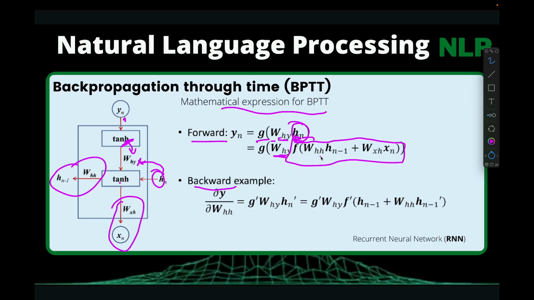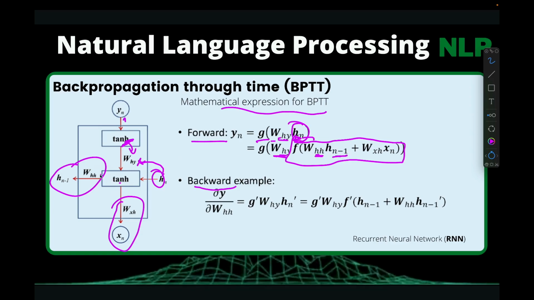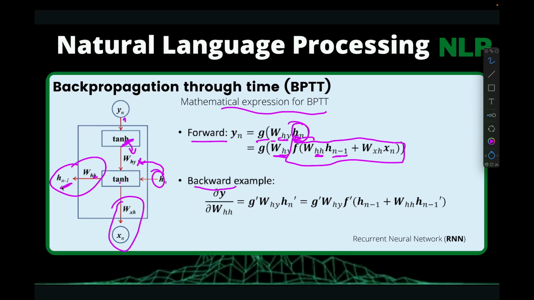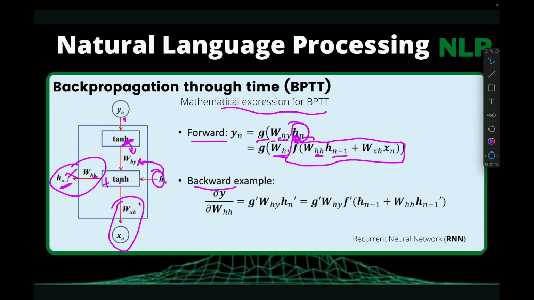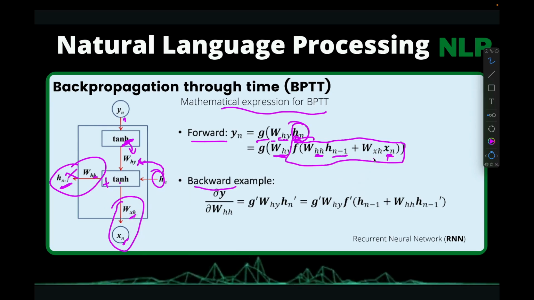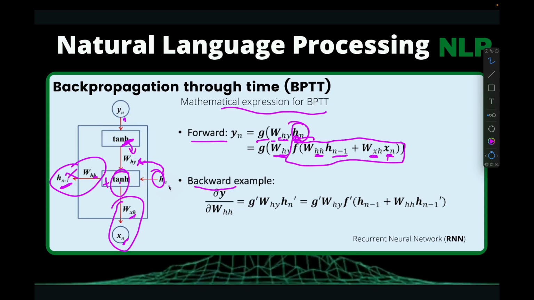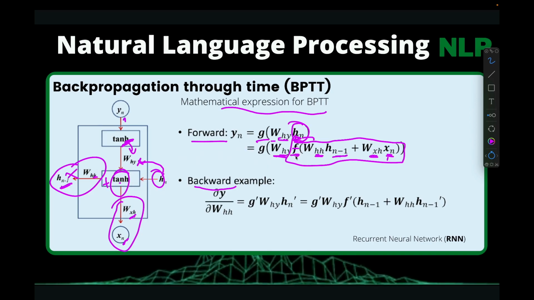That is Whh multiplied by the previous hidden state, that's hn-1, plus xn multiplied by Whx. When you add these together, you apply another non-linearity, in this case also tanh.